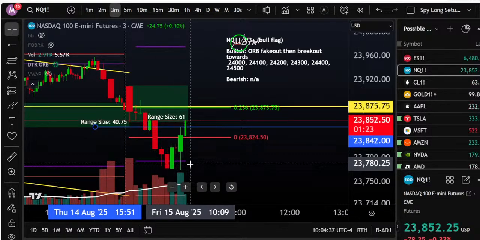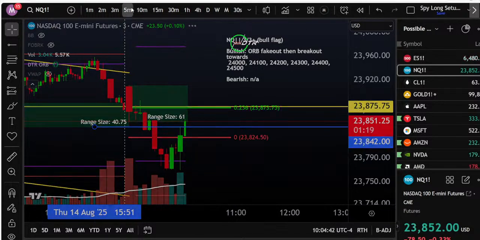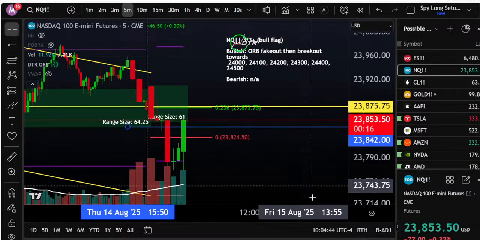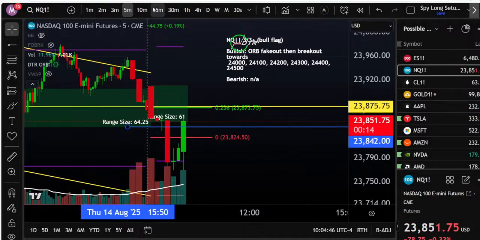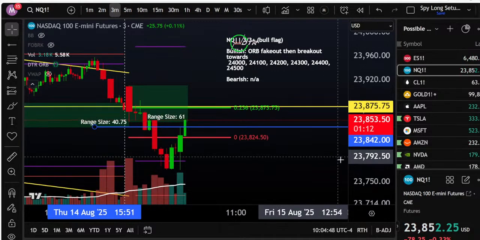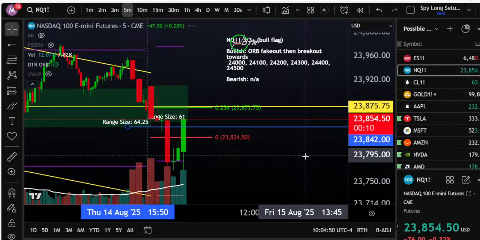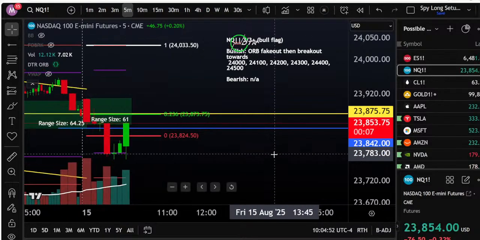I'm not chasing it. I'm not looking to buy on the uptick. If it gives me a chance here, it's going to give me another opportunity on this 5-minute time frame. If I don't get an entry here on this 3, I'm fine, right? I don't need to chase this. I don't need to be an asshole here.